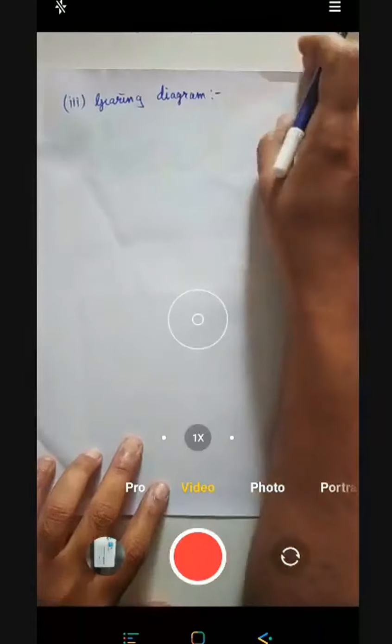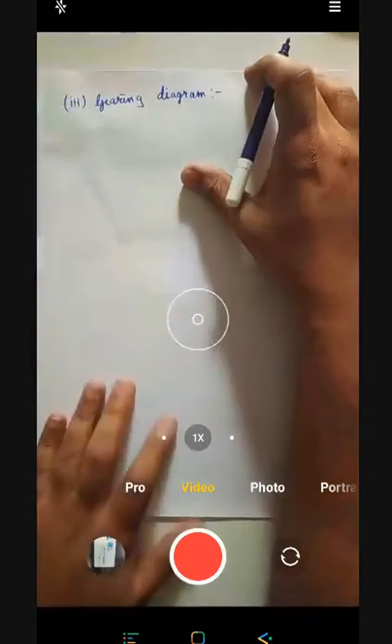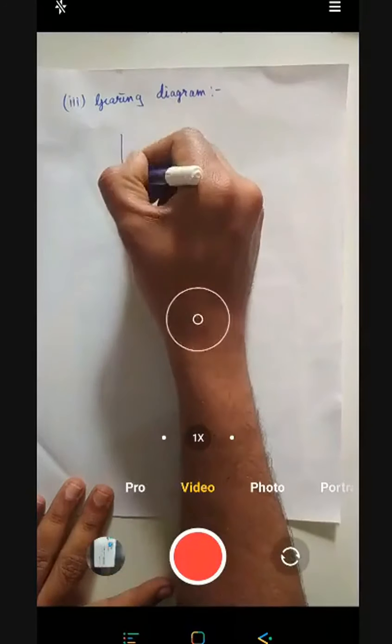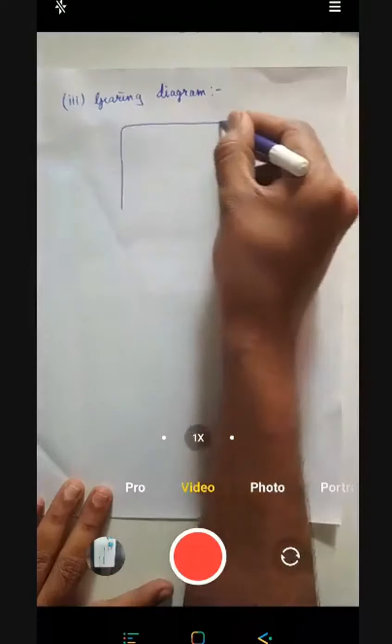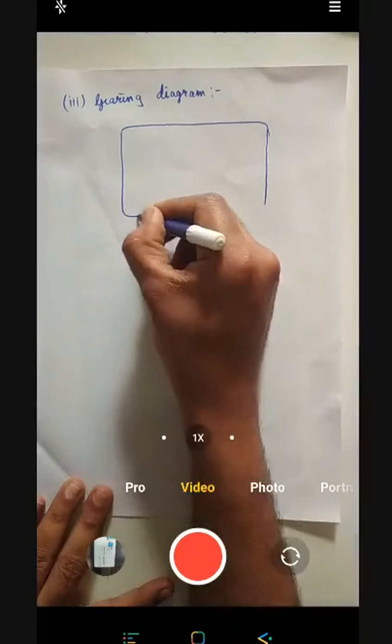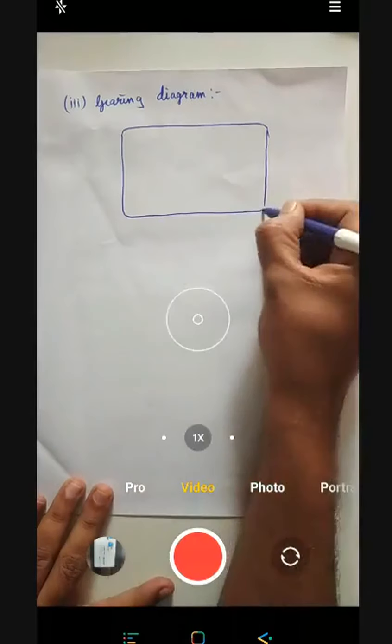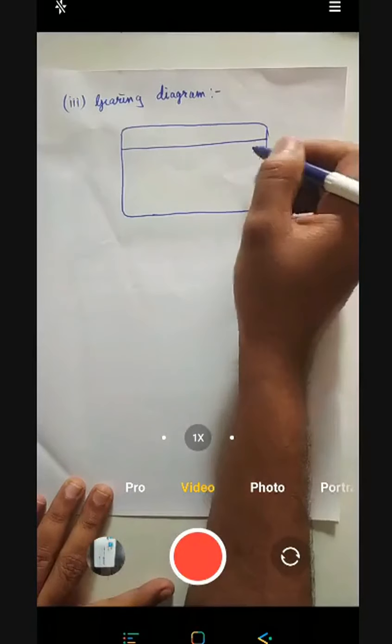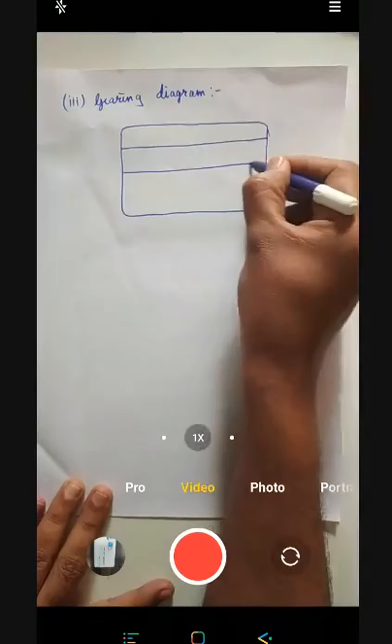Again we will draw a similar line diagram, but it will be a detailed diagram of a gearbox. So you have to draw the gearing diagram in a very good manner. So this is a gearbox. This is your shaft number 1. This is your shaft number 2.